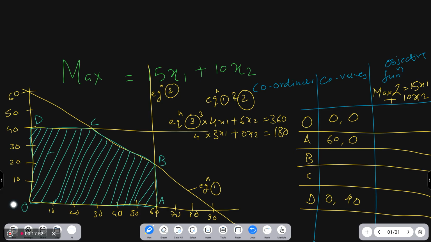Therefore 12x1 plus 18x2 is equal to how much? I have to multiply both sides, this is the basic rule of simultaneous equations. Here also 12x1 plus 0x2, then it will be 4 multiplied by 180. Then how much?